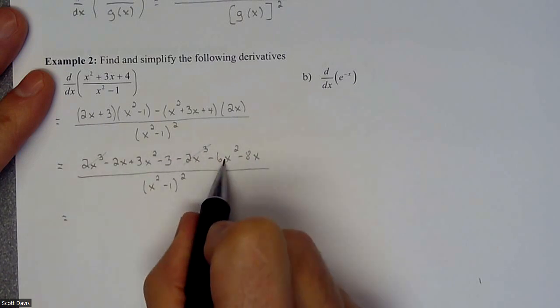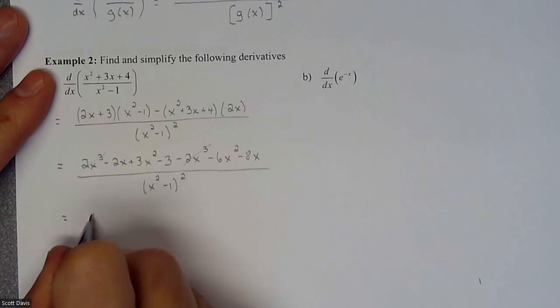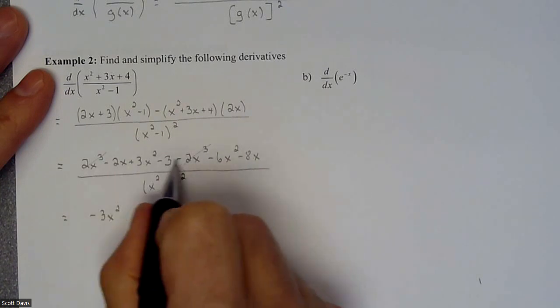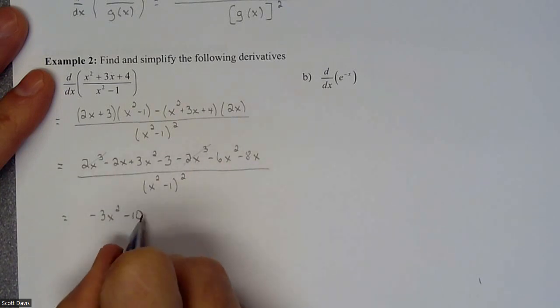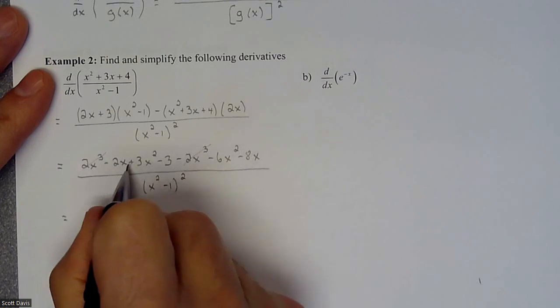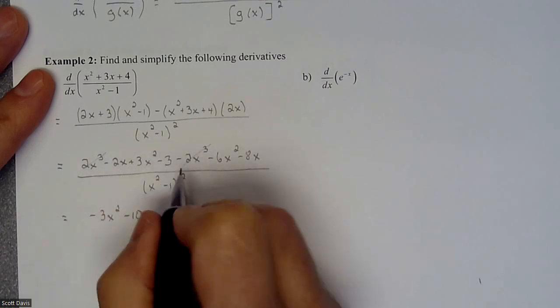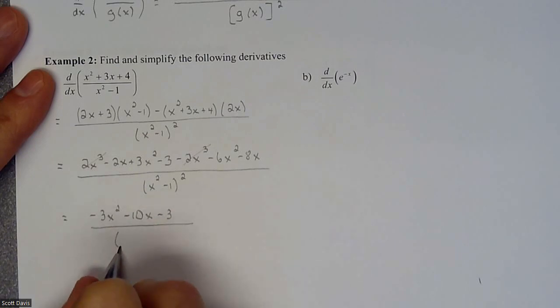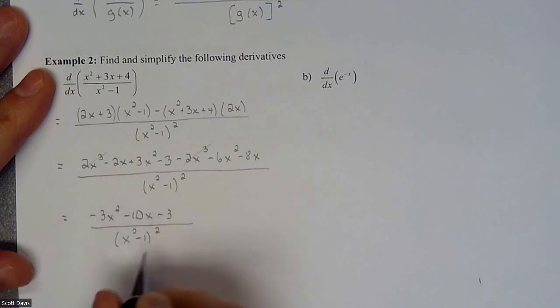So we're going to have a negative 3x squared when we put those two together. And then we're going to put our x's together, which is a negative 10x. And then I have a constant of negative 3, over the same x squared minus 1 squared.